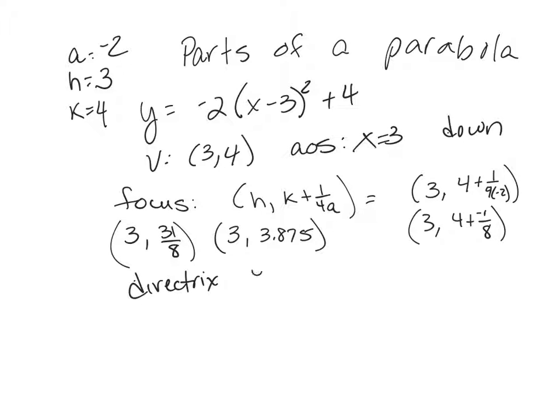The directrix is y equals k minus 1 over 4a, and that's going to be y equals 4 minus 1 over 4 times negative 2, which is really 4 plus 1/8, which is 33/8.